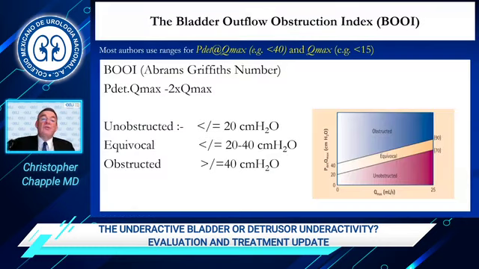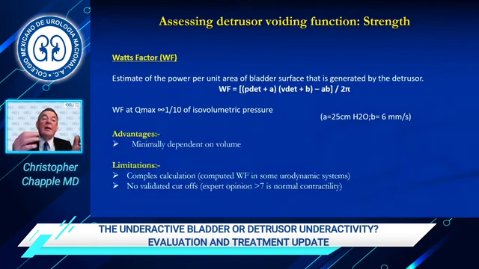So, of course, we have the Abrams-Griffiths nomogram based on the work of Griffiths, and I'm sure you're all familiar with that. And from that, you can derive various characteristics. With good quality urodynamics, you can derive the Watts factor, which estimates the power per unit area of bladder surface that is generated by the detrusor.